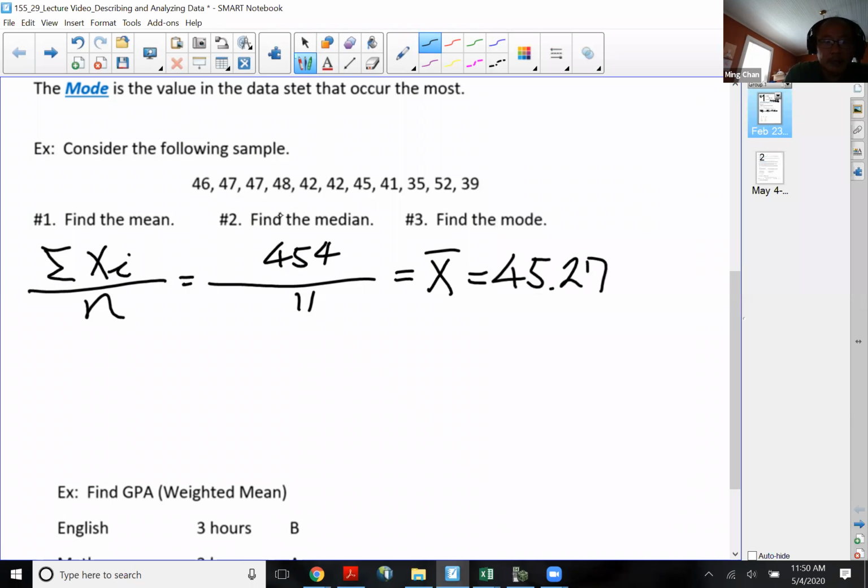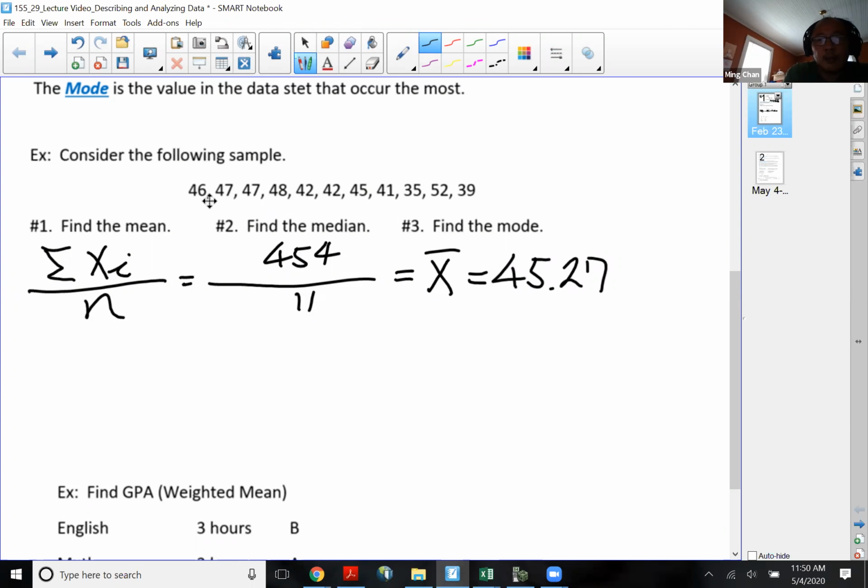Number 2, find the median. To find the median, I have to write this from smallest to largest.